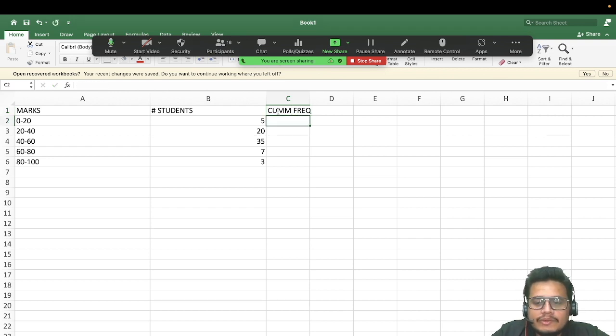So what is cumulative frequency? फर्स्ट केस में क्या होगी 5, सेकेंड केस में क्या होगी आपकी अपर वैल्यू का सम, दैट इज 20 प्लस 5. ठीक है, ओके, 20 प्लस ठीक है, इक्वल्स टू आपका this plus this plus this. ठीक है, and so on.